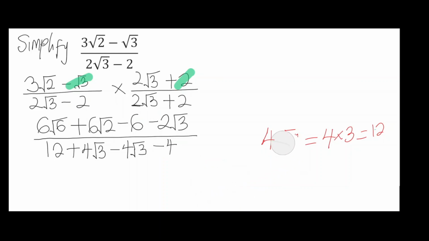Let me clean this up. So since we have minus 4, all we need to do now is simplify accordingly. It's easy to see that we do not have any terms in the numerator that are similar. None of them is similar in any way, so we need to write them like that.